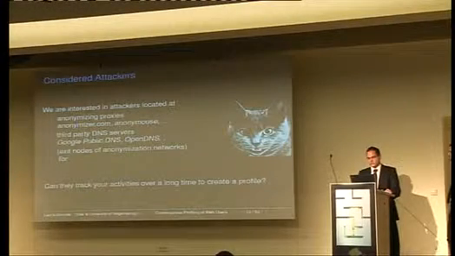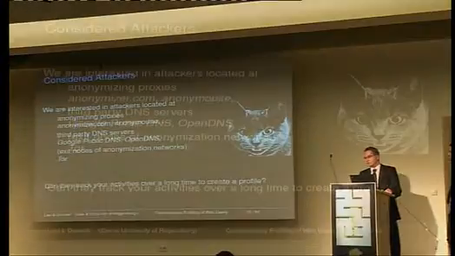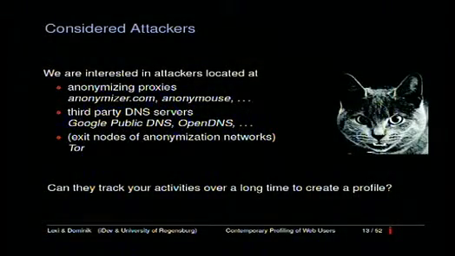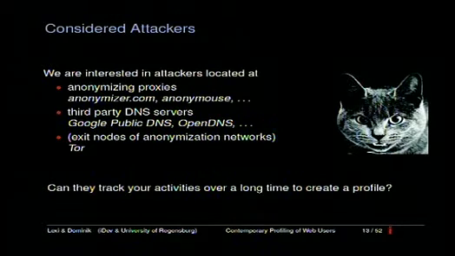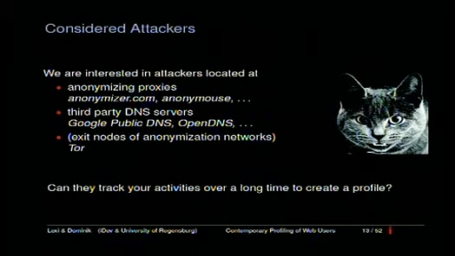Now, we're considering specific attackers in this talk only, and the attackers we are considering are either anonymizing proxies, like web proxies or CGI proxies. We are also considering third-party DNS servers, like the popular Google Public DNS, which is pretty fast and says it's secure, and OpenDNS.